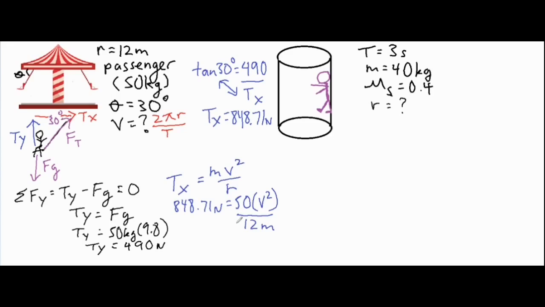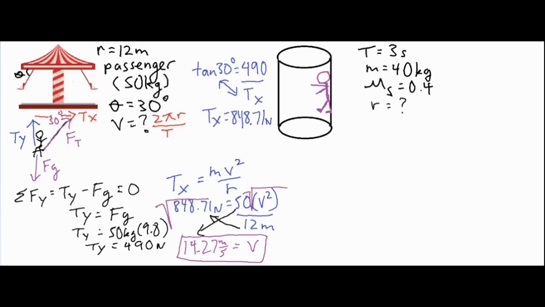So basically what I'm going to do is cross multiply, which is 848.71 times 12 divided by 50. And then I'm going to finish off by doing a square root of that entire value because it's v squared. And then once I solve for that velocity, the velocity comes out to 14.27 meters per second.